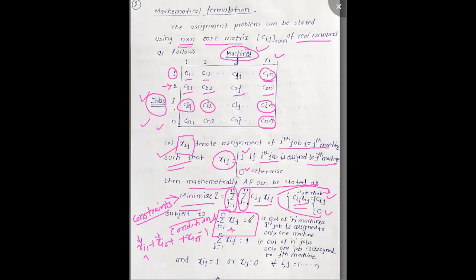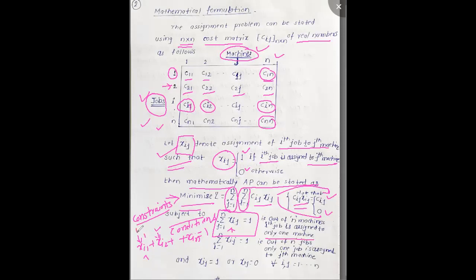So this sum is 1 means what? There are n machines, so out of n machines, the ith job is assigned to only one machine. What happens if we assign it to two machines? Suppose we assign it to the first machine as well as to the second machine.